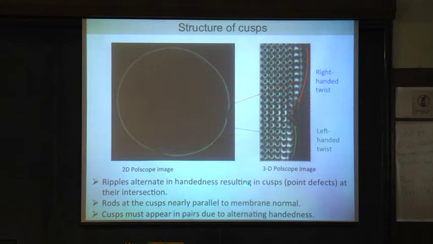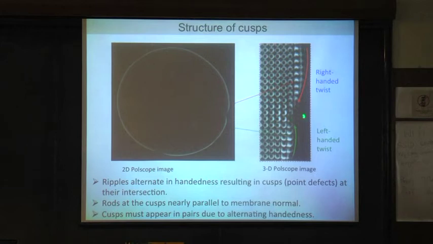So the cusp is basically separating regions of opposite handedness, and as a result they have to appear in pairs. An isolated cusp cannot exist because of the circular geometry that we have. And here also it is quite evident that the rods exactly at the cusp are along the membrane normal.